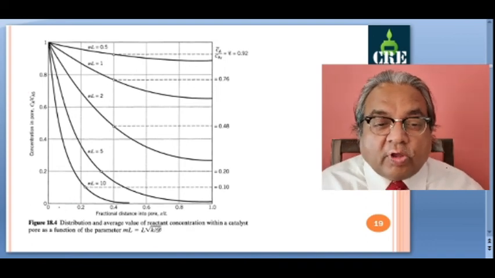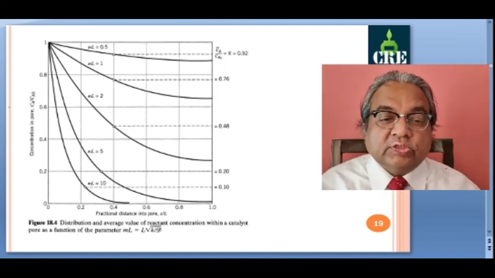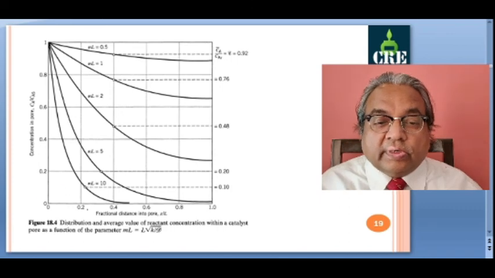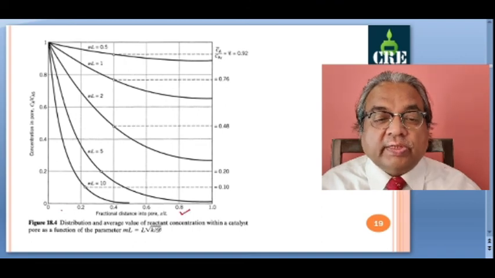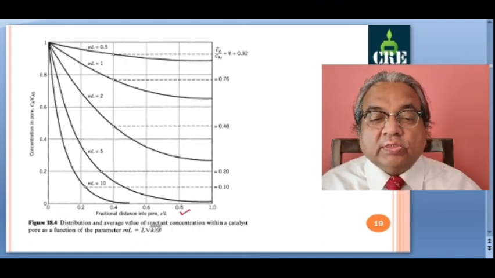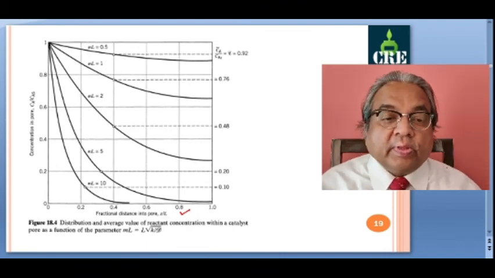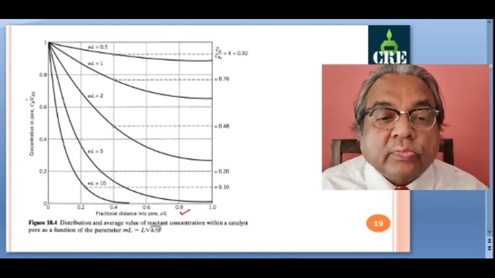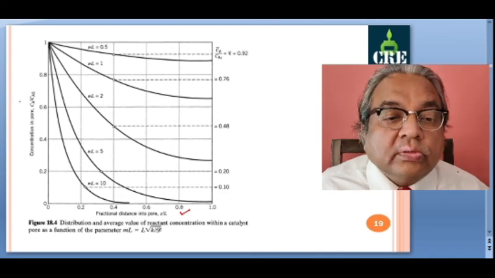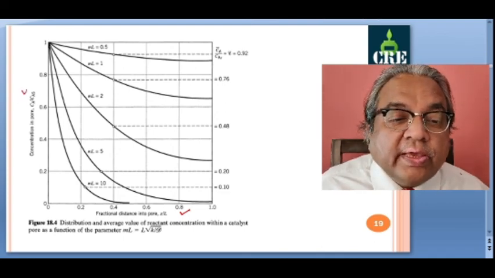If you look at this plot, on both sides the axes go 0 to 1, so dimensionless variables are there. Fractional distance: the total distance is L, and x is varying from 0 to L, so the fractional distance x by L varies from 0 to 1. And here is the concentration ratio in the pore, Ca by Cas.